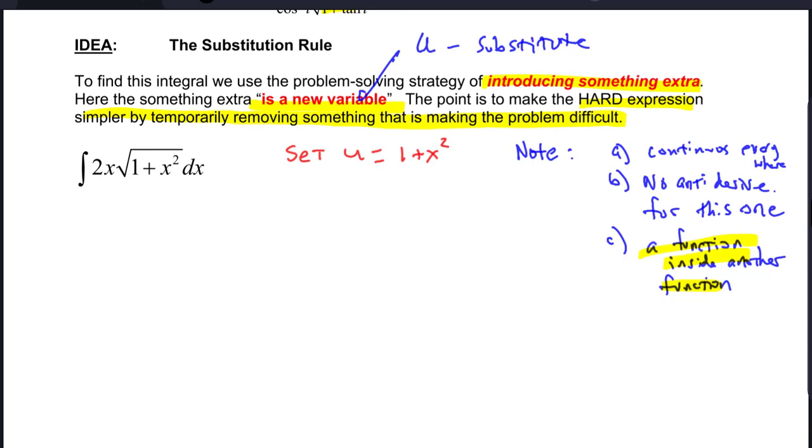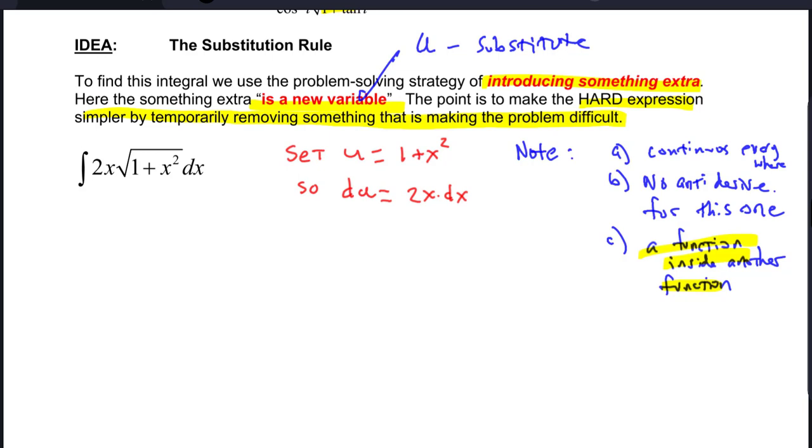Okay, now when I do the u, because I'm integrating, I also need to know about du. So I'm going to do that implicit differentiation thing. Du equals the derivative of 1 is 0, plus derivative of x squared is 2x dx. That's the implicit differentiation going on there. All right, now here's my thoughts.